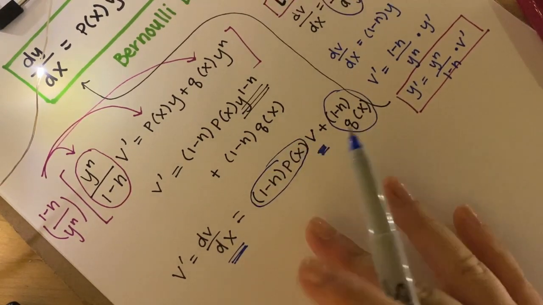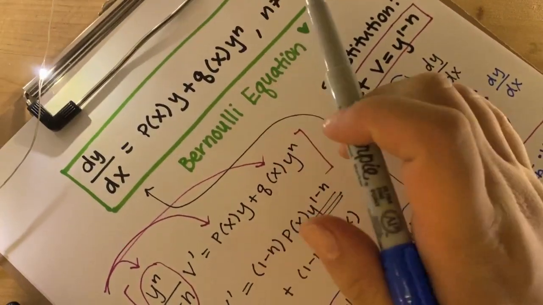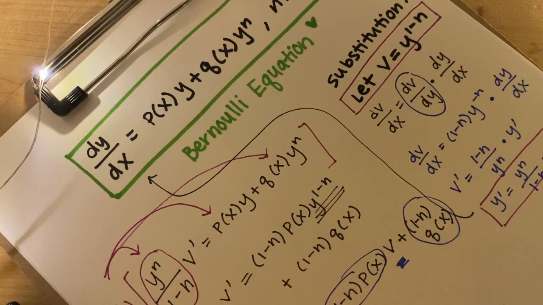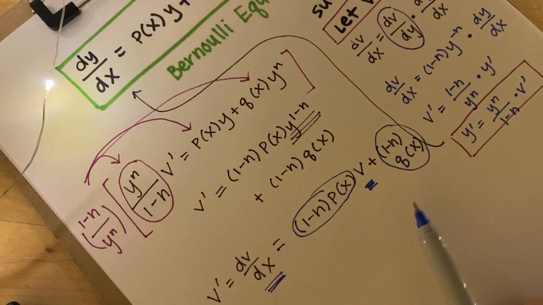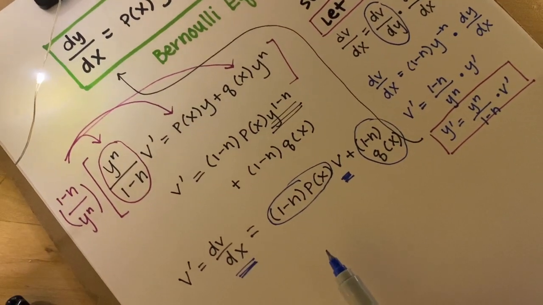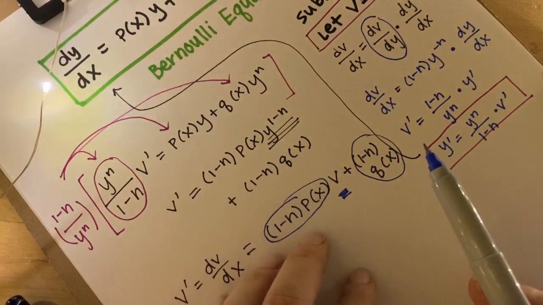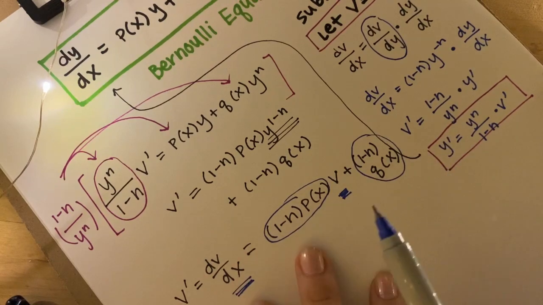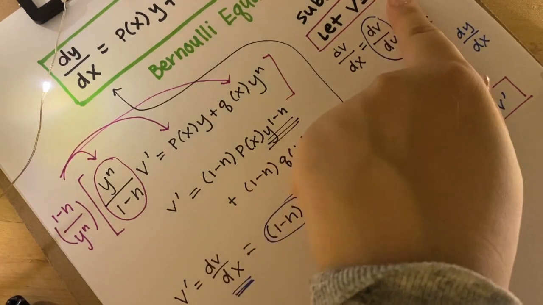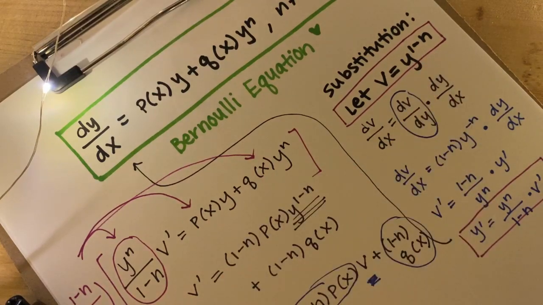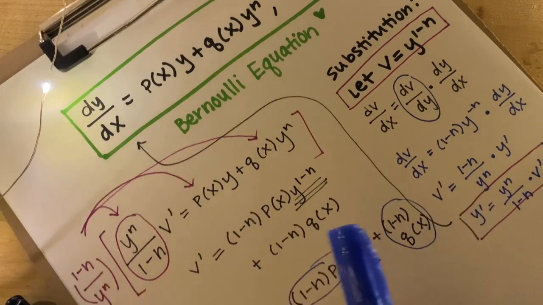So this is similar to this, but we essentially got rid of the y to the n part, and now instead have this. So this is linear now, and we can use the integrating factor to solve for v, and then plug back into y to the 1 minus n to solve for y. So that's the general idea.